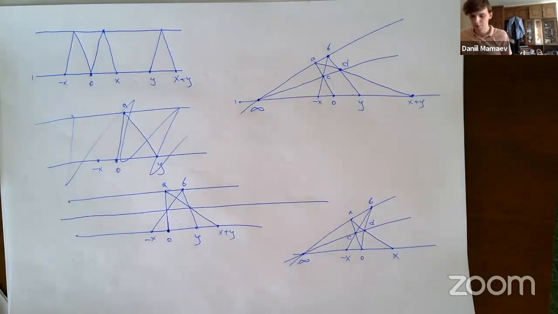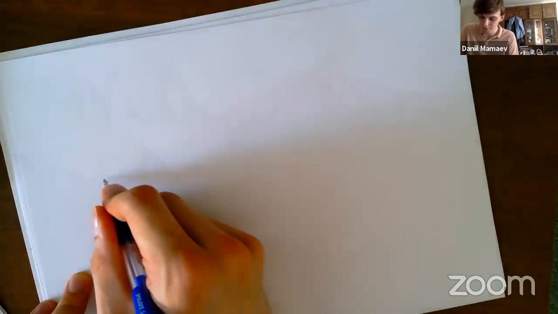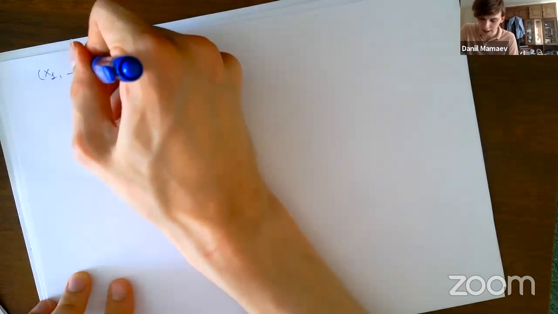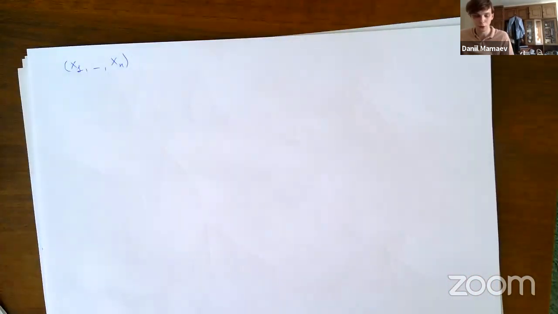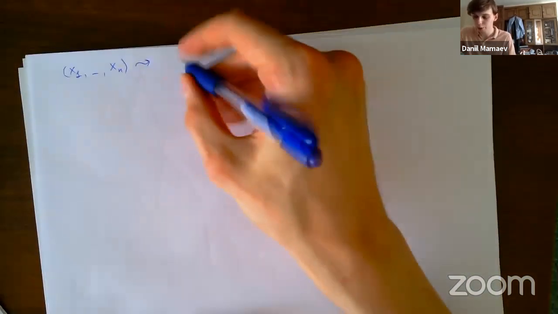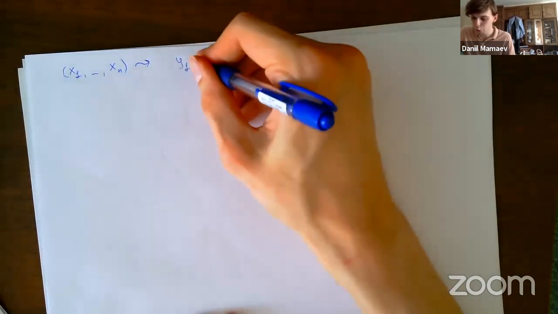So, the algorithm. What do we do? Suppose we had some x1 through xn, which was a point of a partition. From this, we construct y's.